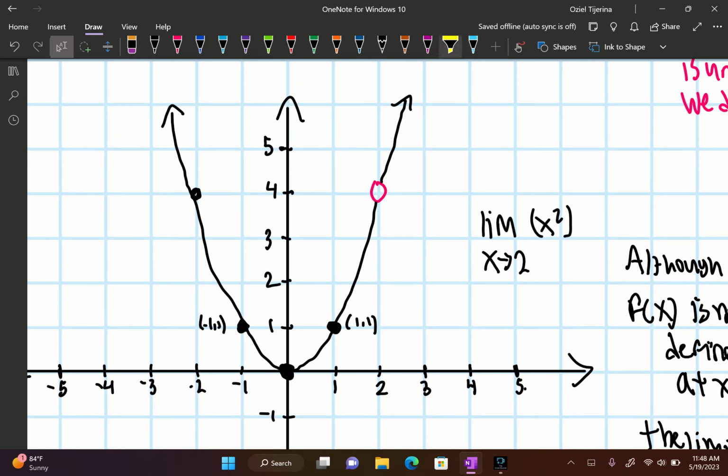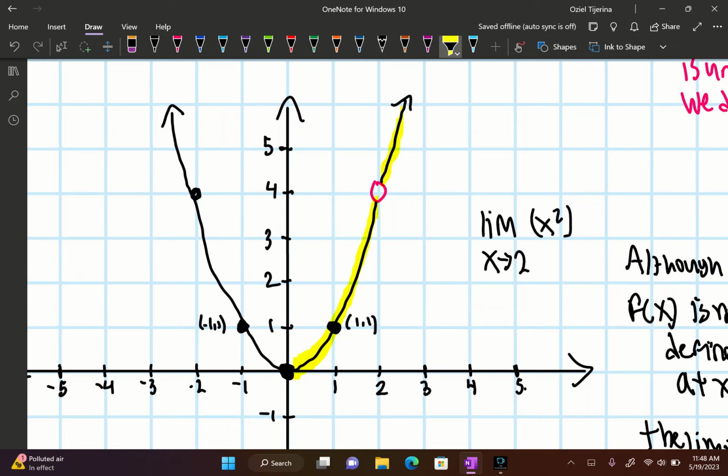The idea is, if I grab my pencil and trace this curve, what am I approaching as I get closer and closer to 2? Even though it is undefined, we want to know the limit. The limit is really all about what I am getting closer and closer to as I approach an x value. It doesn't always mean that x value has to be defined for f of x.